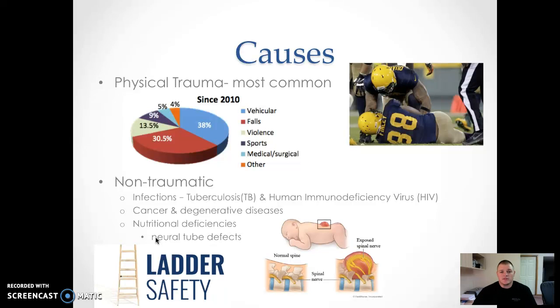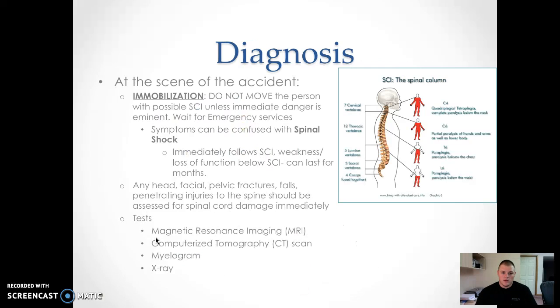Non-traumatically, infections, TB and HIV, cancer and degenerative diseases like osteoporosis can cut off blood flow or pinch the spinal cord, which can kill nerve cells. And nutritional deficiencies. You see this a lot in pregnancies, neural tube defects like spina bifida. There's an exposed spinal nerve in the infant, which can easily be damaged.